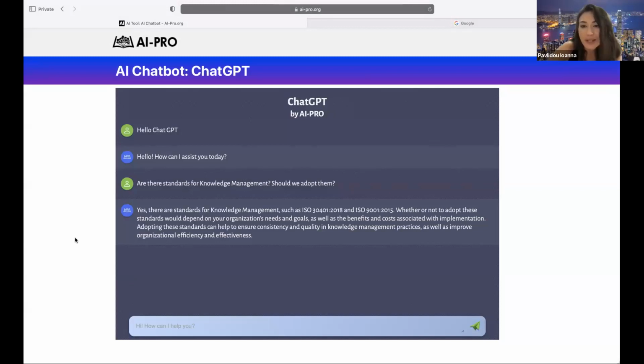Whether or not to adopt these standards would depend on your organization's needs and goals, as well as the benefits and costs associated with implementation. Adopting these standards can help to ensure consistency and quality in knowledge management practices, as well as improving organizational efficiency and effectiveness. So that's the answer by ChatGPT.